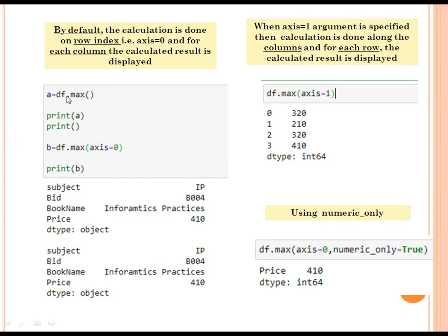Next is the application. See this df.max first. This max function will find the maximum and print it, then again the max statement with axis equals 0.